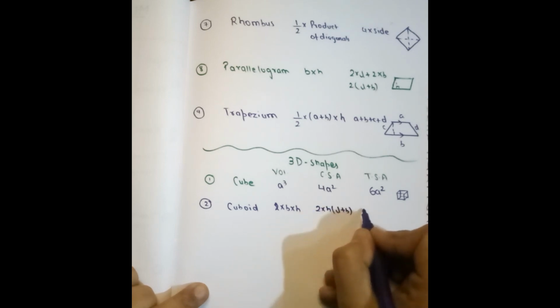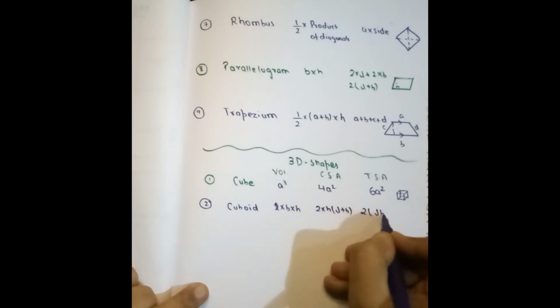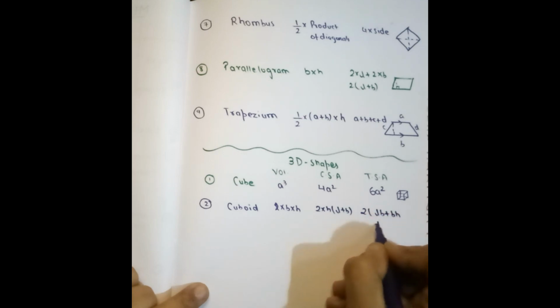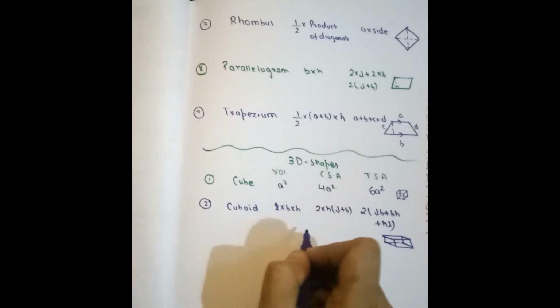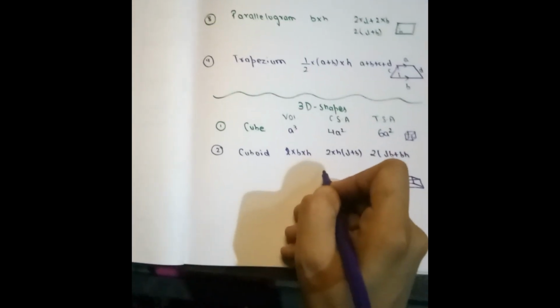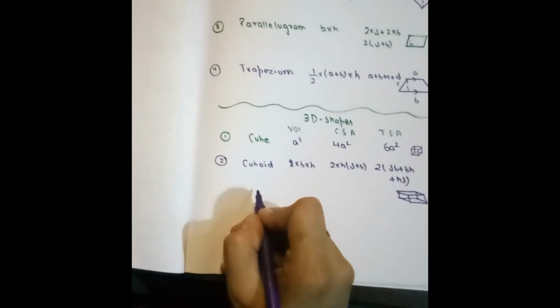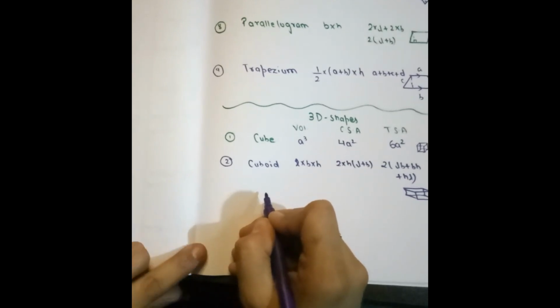And the total surface area is 2 times (LB plus BH plus HL). And a cuboid looks like this. It is a rectangle and then another rectangle and then join this. That's a rectangle.